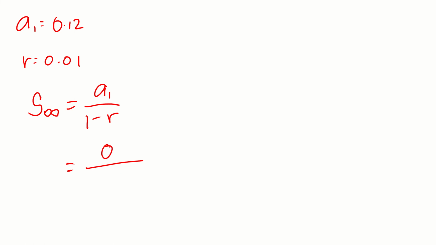A sub 1 natin is 0.12 over 1 minus the common ratio which is 0.01. So katulad kanina, we will have 0.12 over 1 minus 0.01 will give you 0.99.